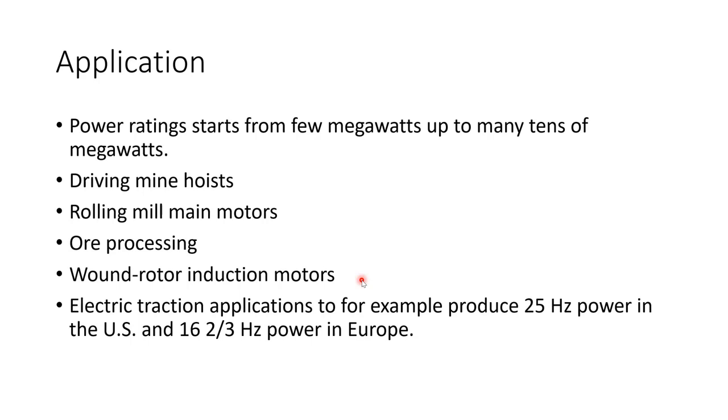So in electric traction it is useful to have cyclo converters, because you connect to the power grid and then you need a frequency conversion, where you change the frequency using a cyclo converter.